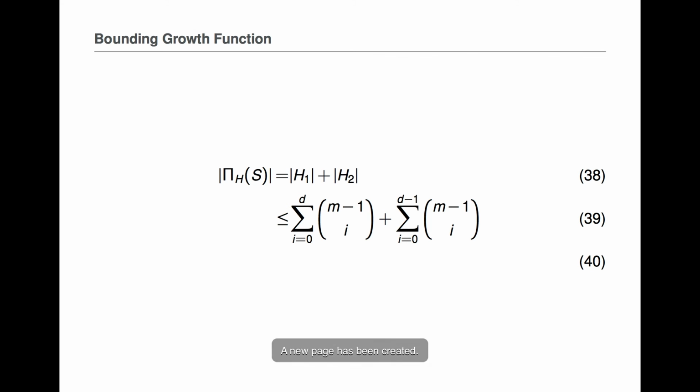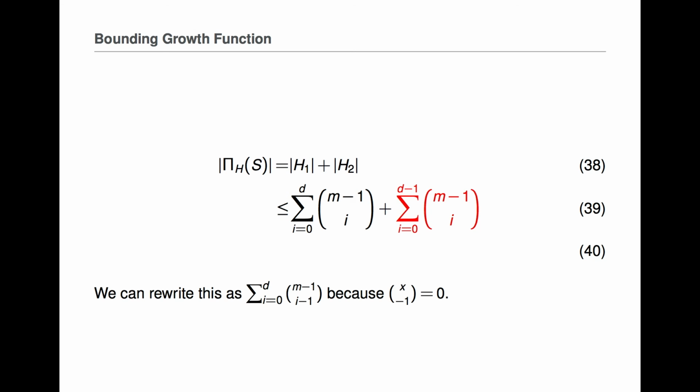So the first thing that we'll do is we're going to rewrite the second expression as i minus 1, because we want the limits of the summation to be the same as our first sum. So we want d minus 1 to match d. So we'll rewrite this sum as going from i equals 0 to d, but we'll just change the indices to i minus 1, because we'll add this m minus 1 choose minus 1, which will be 0 and thus doesn't contribute to the sum.